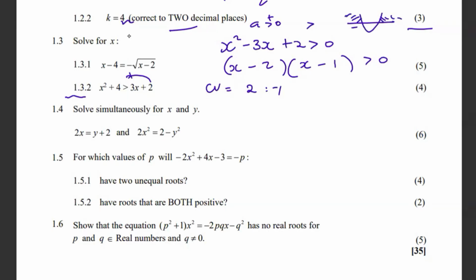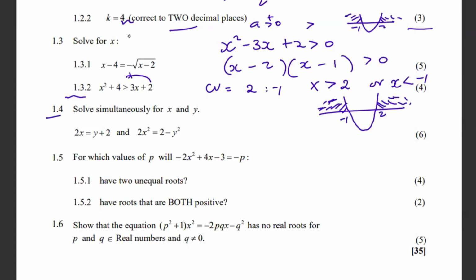So if that's a 1, that's a 2, x must be greater than 2, or x must be less than 1. This is option number 1. The other option is for you to use the parabola, do your shading nicely, call that a 1, call that a 2, and you shade that off nicely. Yeah, I think that is all.